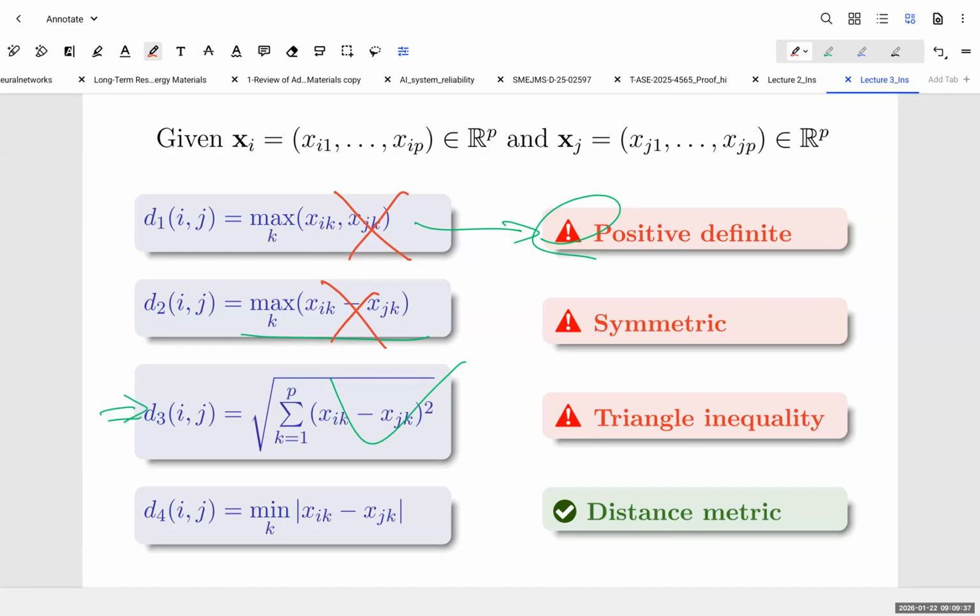So the symmetric condition is violated as well. Okay, then let's talk about the last one. Instead of looking at the maximum absolute distance according to different dimensions, here we use a minimum. Is it good? Why is it not good? Which one do they violate?